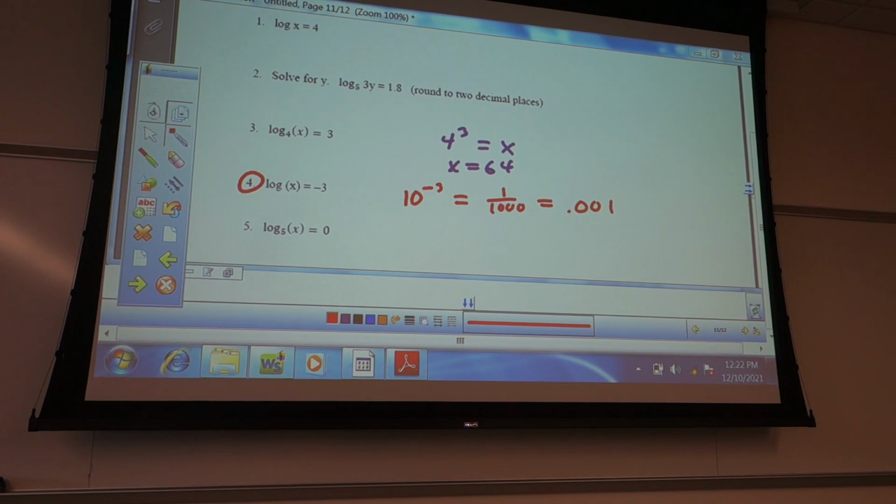Do you want to do y? Maybe we should do y over here. Let's try y. So what's my base? What's my exponent? What's the answer? Write it out.